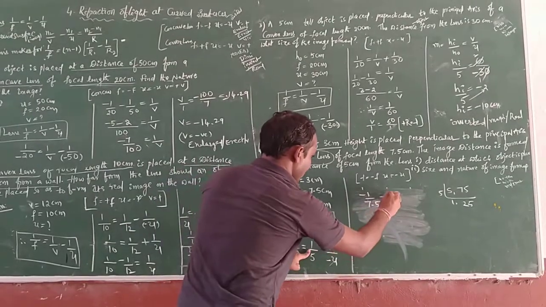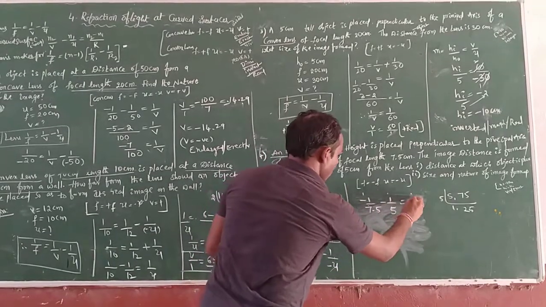Okay, we take the left side: 1 by 5 is equal to 1 by u.